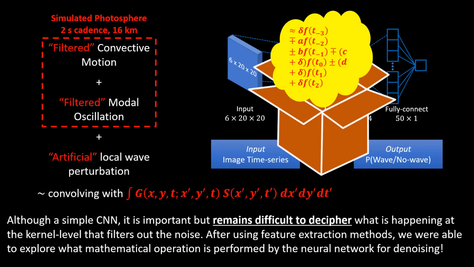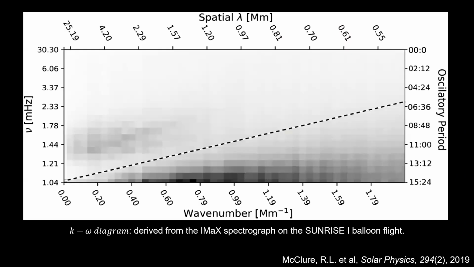I'm not going to explain all the details at the moment because that would take a really long time. But the basic idea is this: if you look at the K omega diagram, you can draw a line, and any such line corresponds to omega over K. That means a velocity, right?